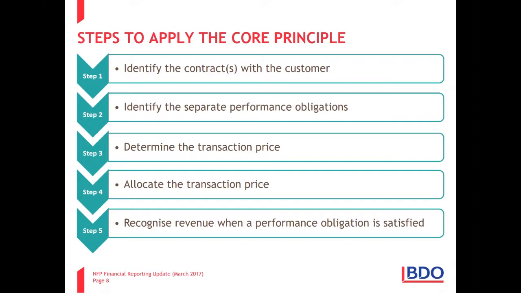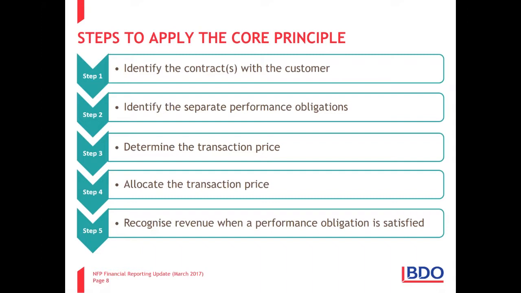You could get government funding or government grants. How would you recognize income from those? You could have a different revenue stream where maybe you provide a service at a price. You could sell goods. There could be different funding streams, and you would recognize income potentially differently for different funding arrangements. And we have to apply these steps if you are within AASB 15.